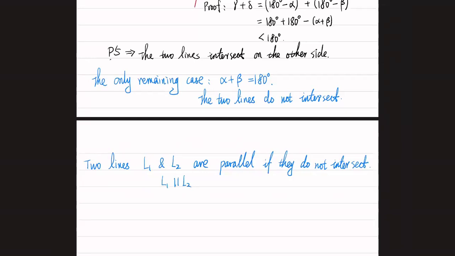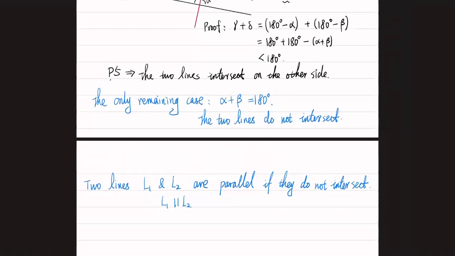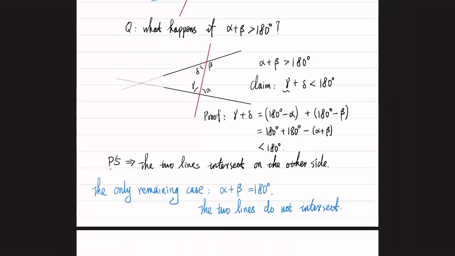I have a question about the previous part, the proof for this one. You said 180 minus alpha plus 180 minus beta, and then it says 180 plus 180 minus that. Shouldn't it be 180 minus? Okay, so let's drop the parentheses.